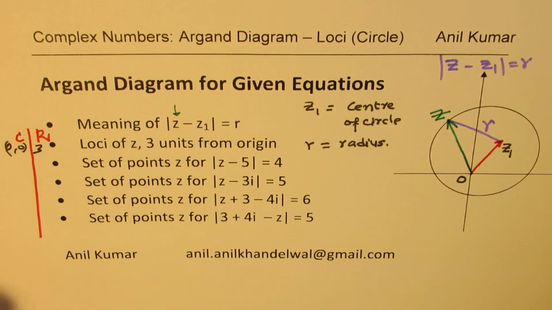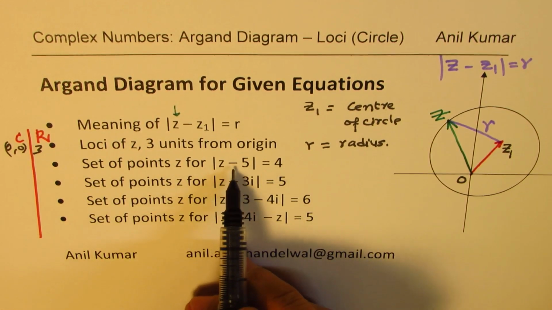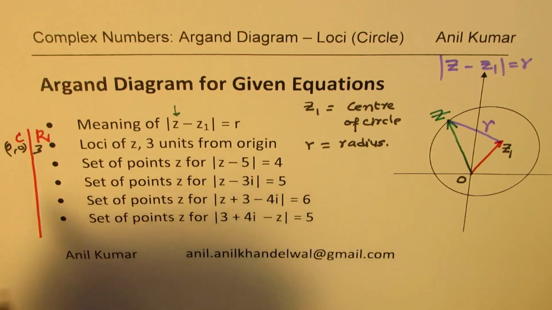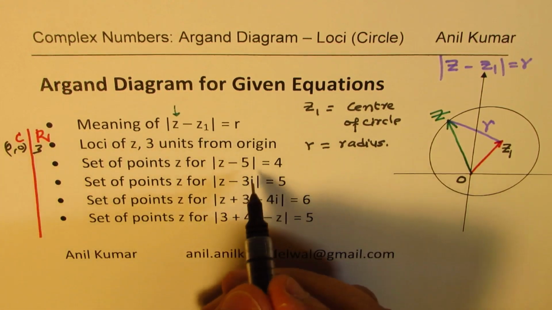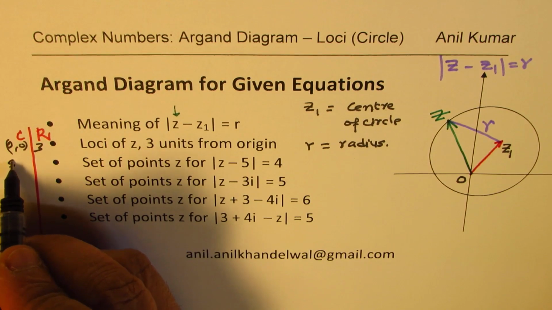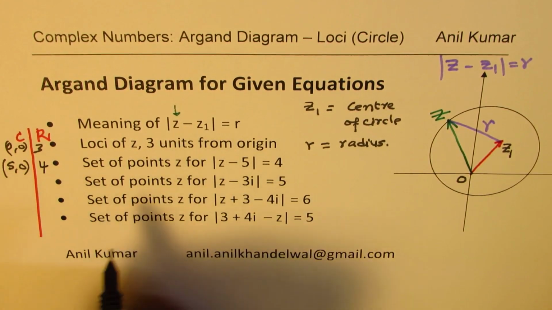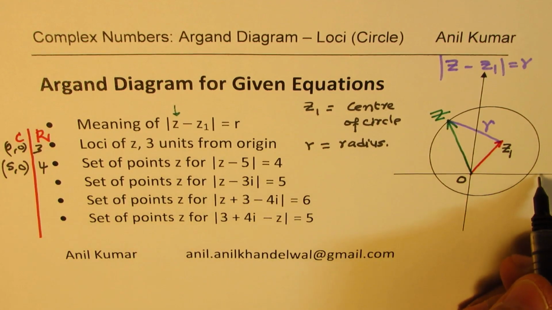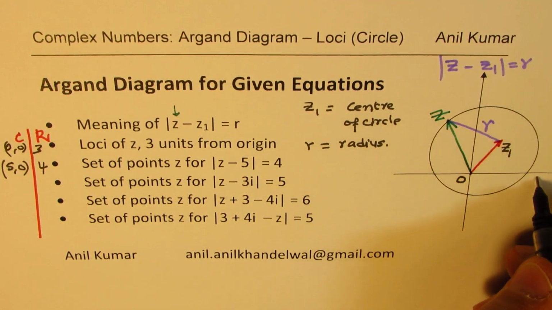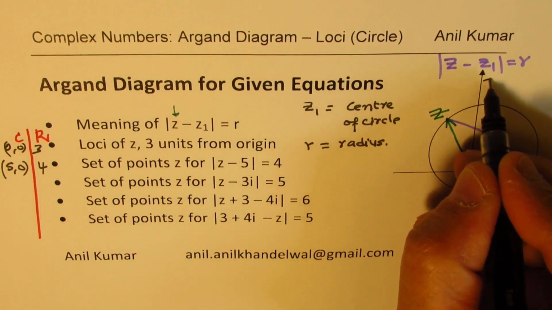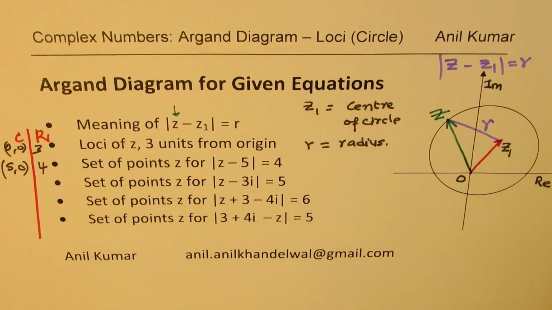In the second case, z equals to minus 5, here the center was at 5, 0 and the radius was at 4, right? So we're looking into this imaginary and real axis, where this is the real axis and that is your imaginary axis, correct?